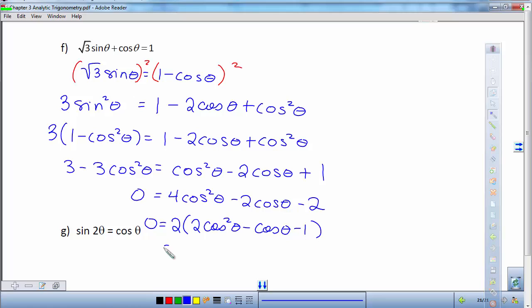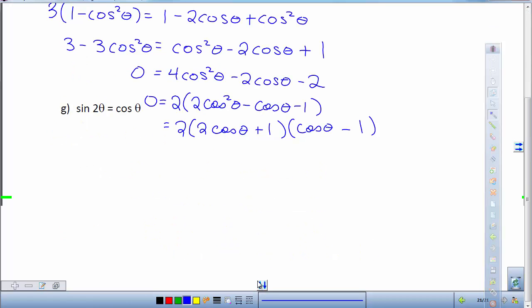I think we've seen something like this already today. 2 cosine theta, I'm going to have a 1, and I'm going to have cosine theta 1. Okay, so we do minus, plus. Does that work?